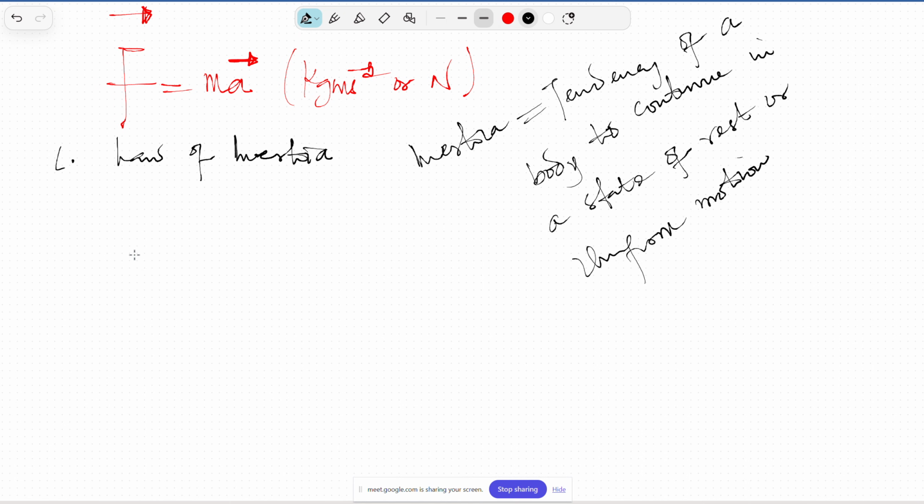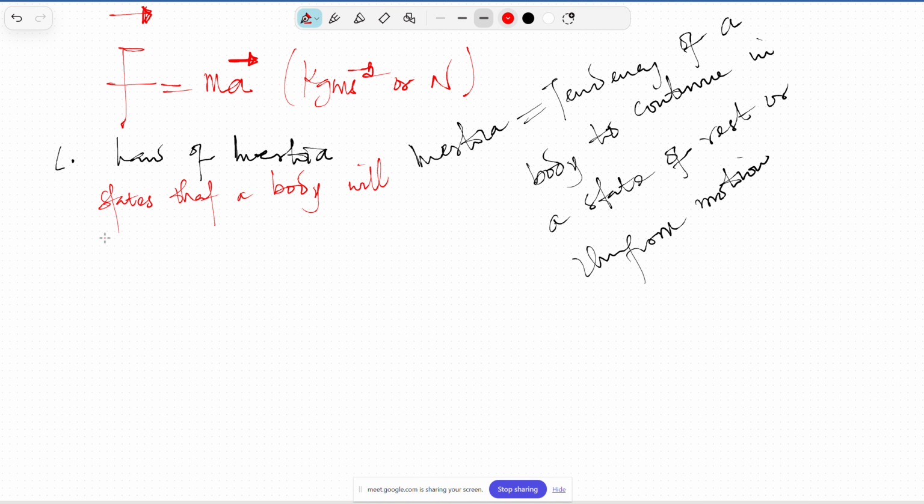This law of inertia states that a body will continue to be in a state of rest or uniform motion unless acted upon by an external force.